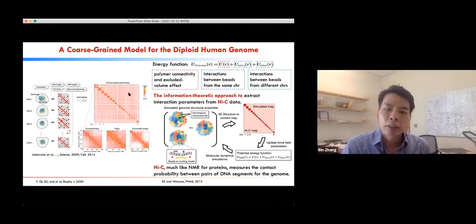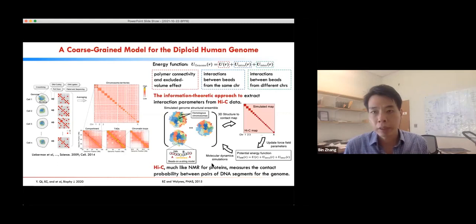Okay, and this diagram basically illustrates how our methodology works. We start with an energy function. And with this energy function, we can then basically simulate an ensemble of genome structures, as shown here. And from this ensemble of structures, we can then compute an in silico contact map. Then we can look at the difference between the simulation and experiment.